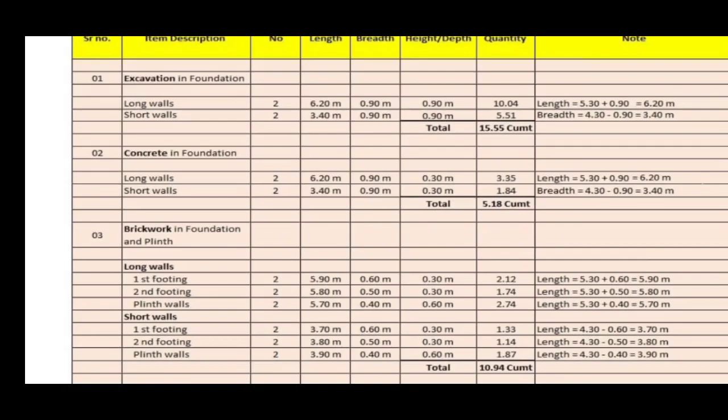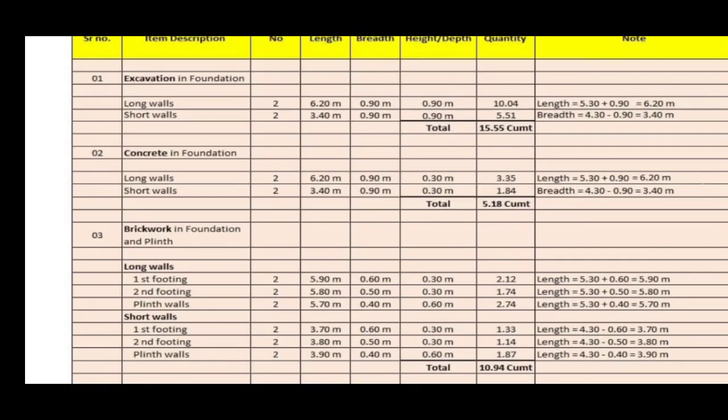Now the multiplication of these three dimensions gives the quantity of 1.84 m cube. The total of these two quantities will give the total quantity of concrete to be placed in PCC.